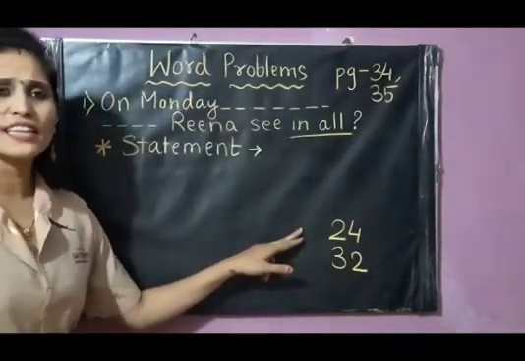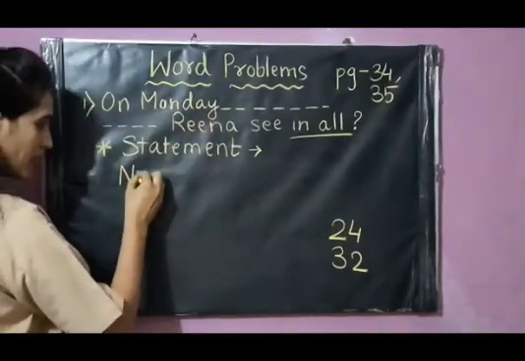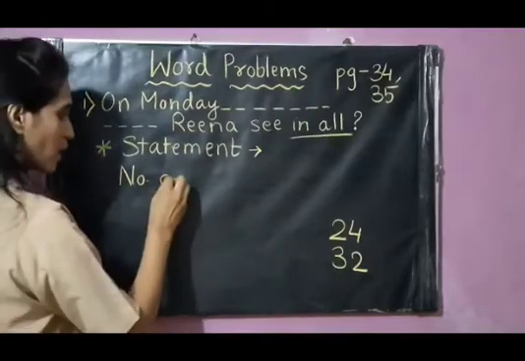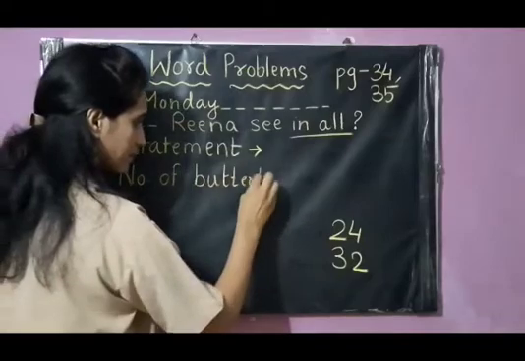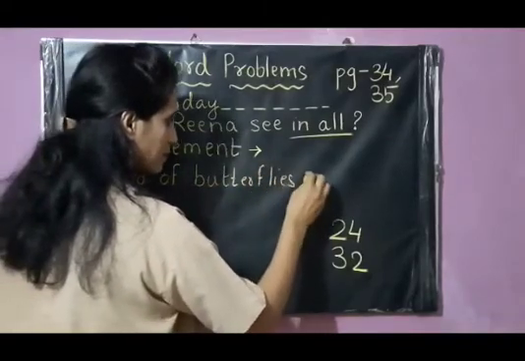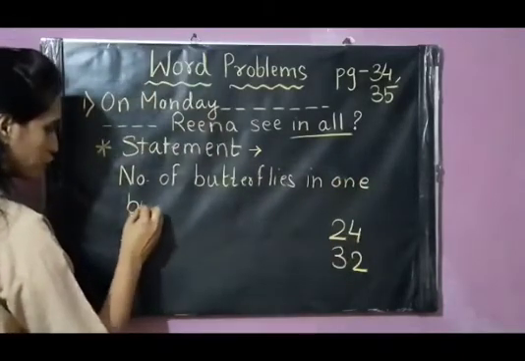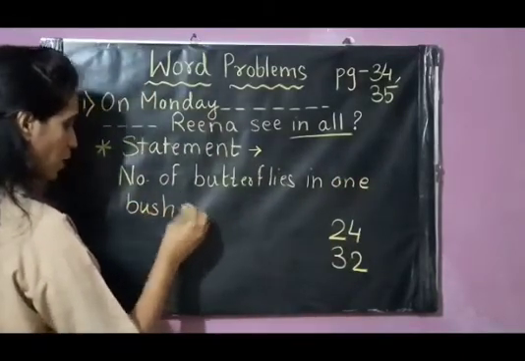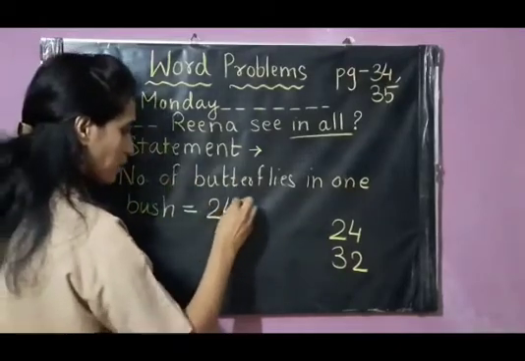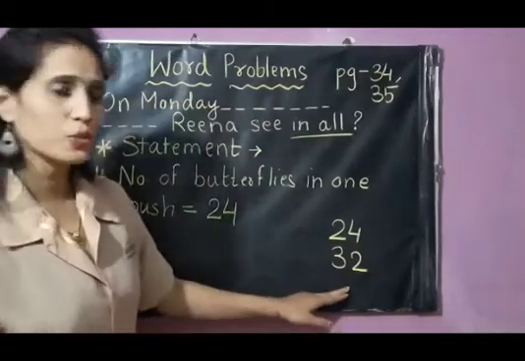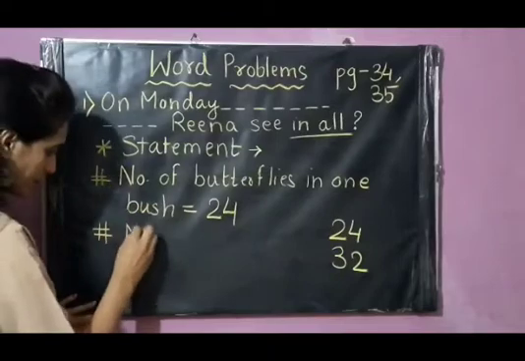Number of butterflies in one bush. So we write the short form of number, NO. Number of butterflies in one bush. How many are there? There are 24. And what is this 32, children? We will write the next one.